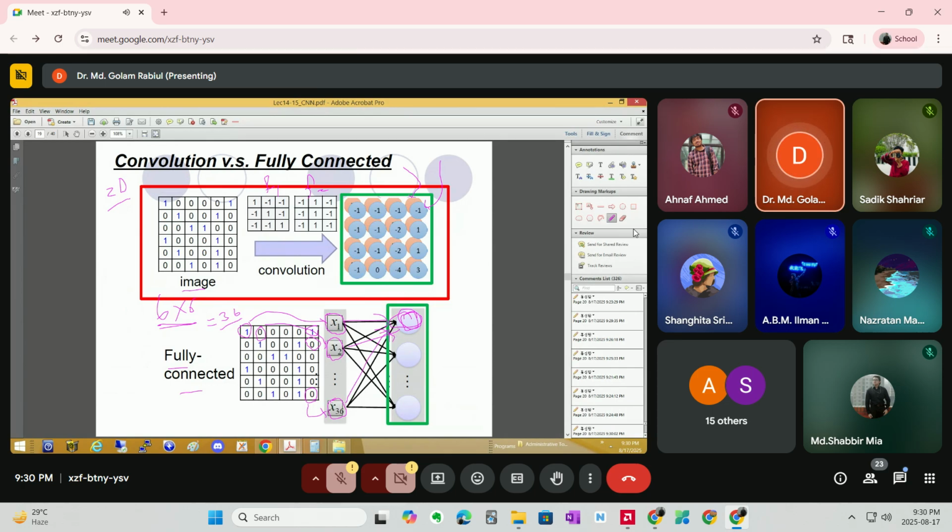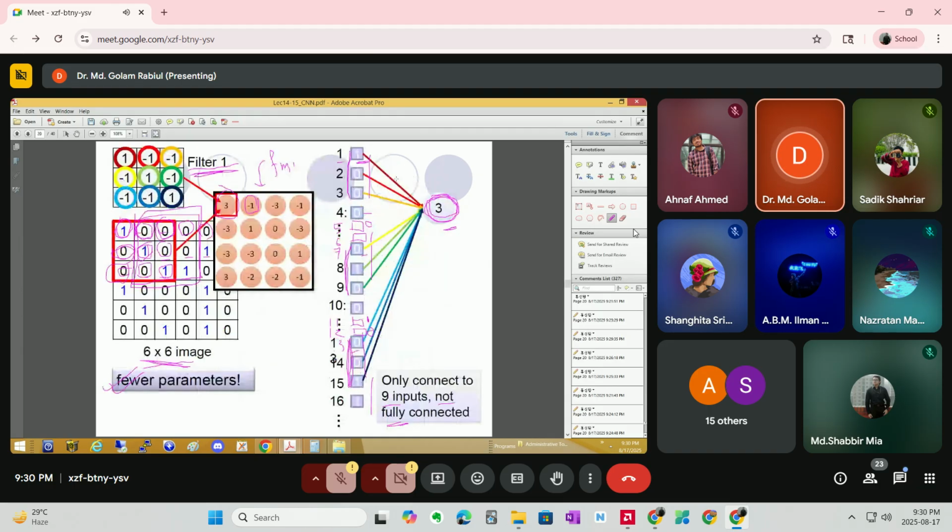Here there are 36 inputs. To produce this value, we have to consider all 36 inputs. But in our convolutional neural network, we just have to consider these 3, 3, and 3, total 9 inputs instead of 36. So here also we are reducing the number of parameters in convolutional neural networks.